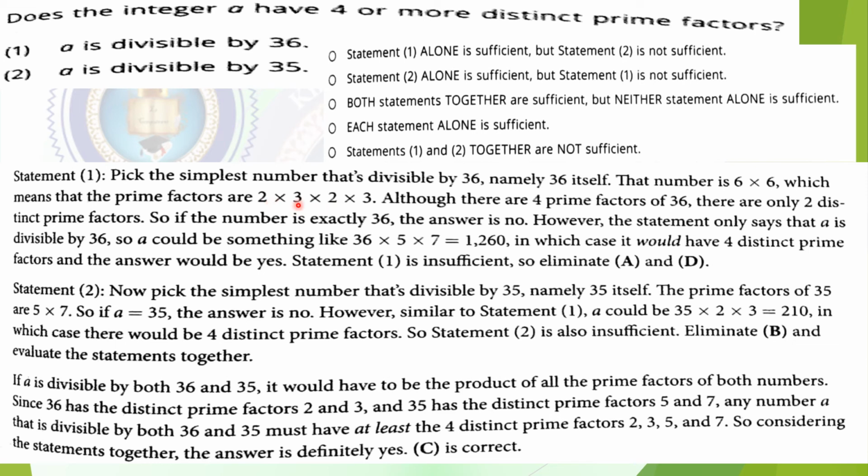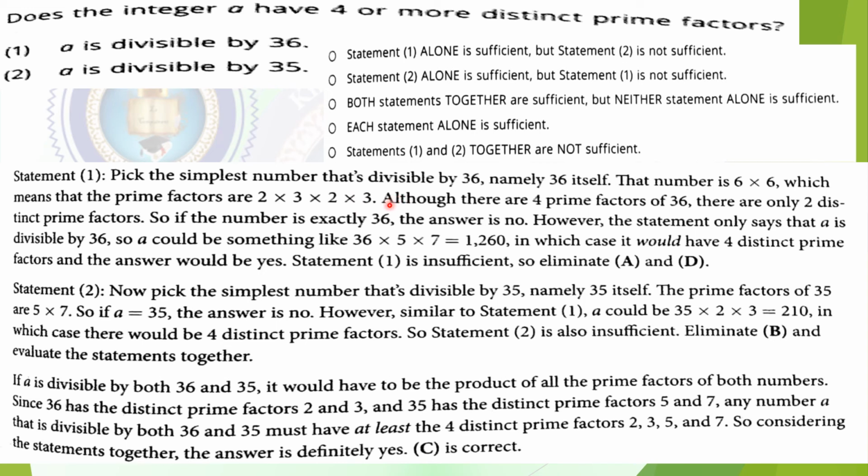So you have to answer the question asked. From the first statement you get 4 prime factors, but they are not different: 2 and 2, 3 and 3, there is repetition, so it is not possible.